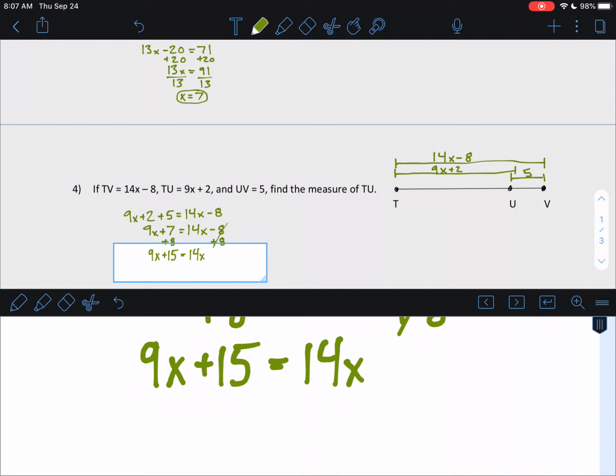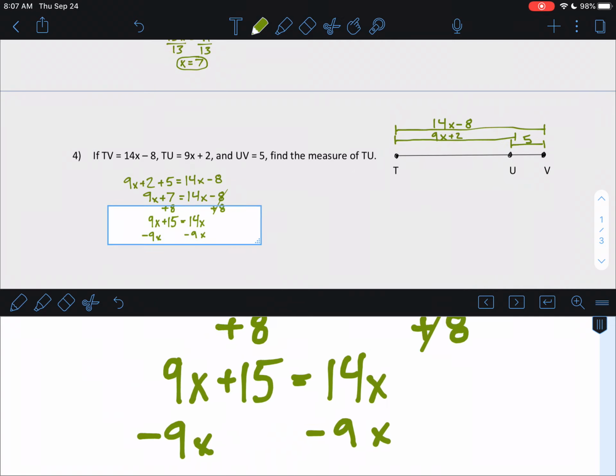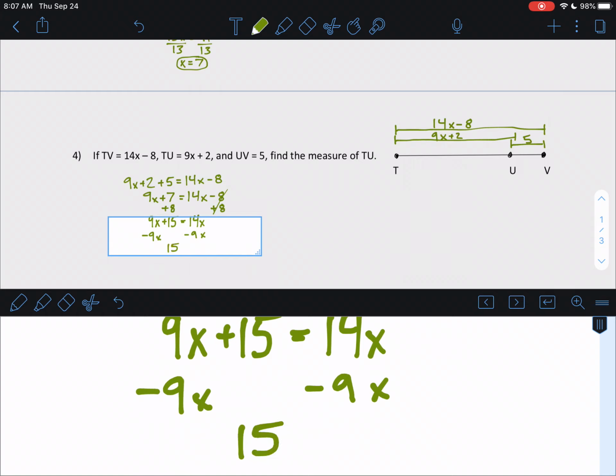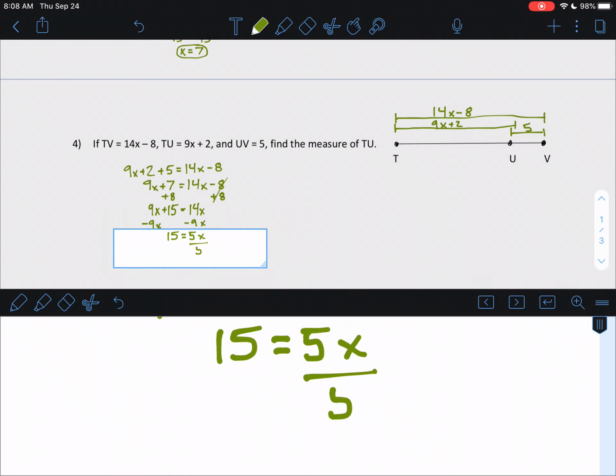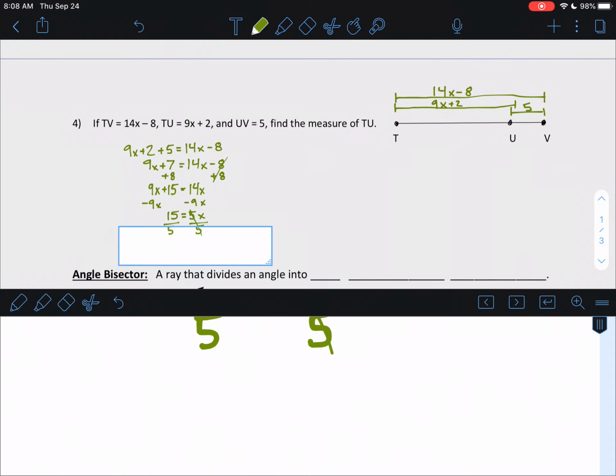And then my next step, subtract 9x from both sides. So then on the left side, I'm left with just 15, and 14x minus 9x is 5x, and divide both sides by 5 to get my answer. Those cancel out, and 15 divided by 5 is 3. So x equals 3. 3 equals x.